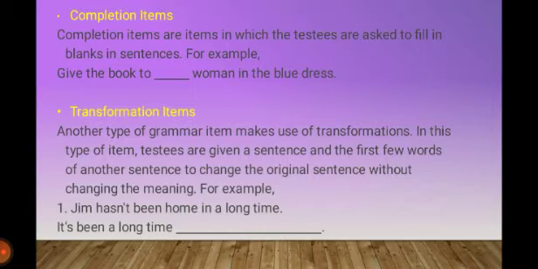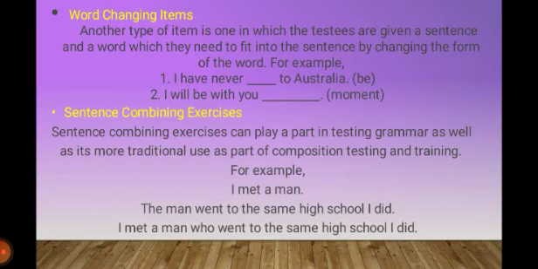Next, transformation items. Another type of grammar item makes use of transformation. In this type of item, testees are given a sentence and the first few words of another sentence, and they change the original sentence without changing the meaning. You can see the example. Next, word changing items.